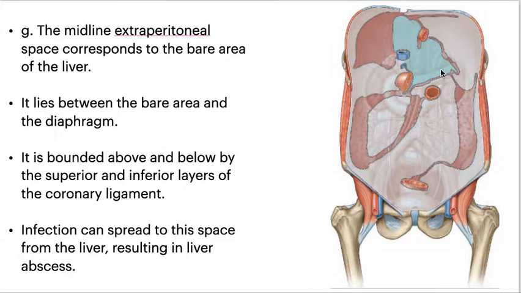Now, the midline extraperitoneal space corresponds to the bare area of the liver, right? It lies between the bare area and the diaphragm, bounded above and below by the superior and the inferior coronary ligaments. Infection can spread to the space from the liver, resulting in a liver abscess.